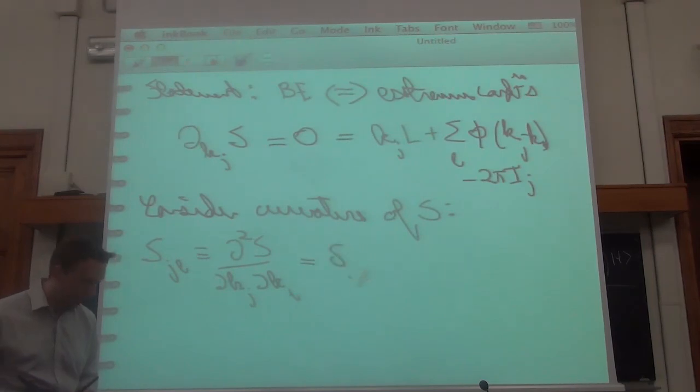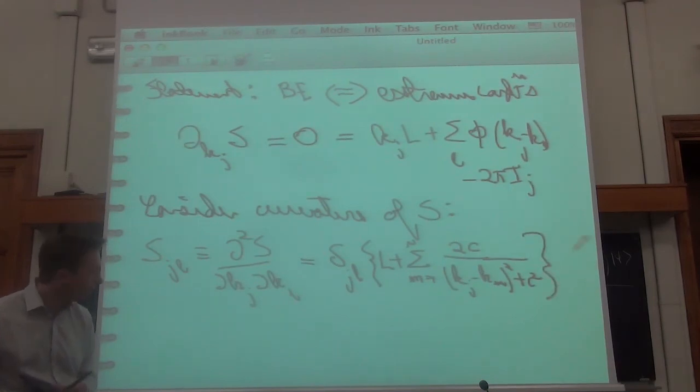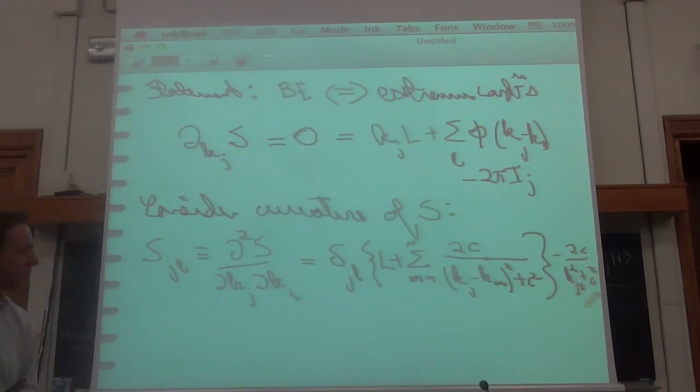So it's delta_jl times L plus summation over m equal to 1 to n of 2c divided by k_j minus k_m squared plus c squared, minus 2c divided by k_jl squared plus c squared. k_jl is again k_j minus k_l.